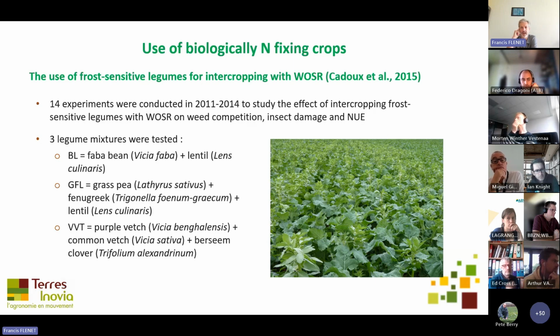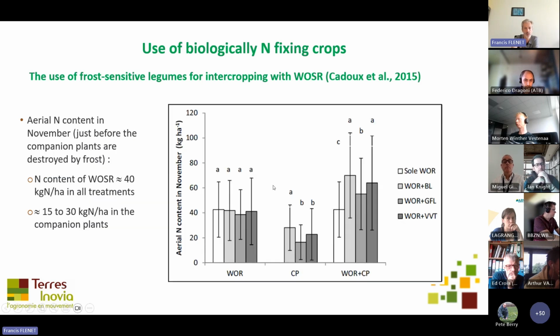Today I will only present the results on the nitrogen use efficiency. We tested 3 legume mixtures. The first one was a mix of faba bean and lentil. The second one was grass pea, fenugreek, and lentil. And the third one was purple vetch, common vetch, and berseem clover.